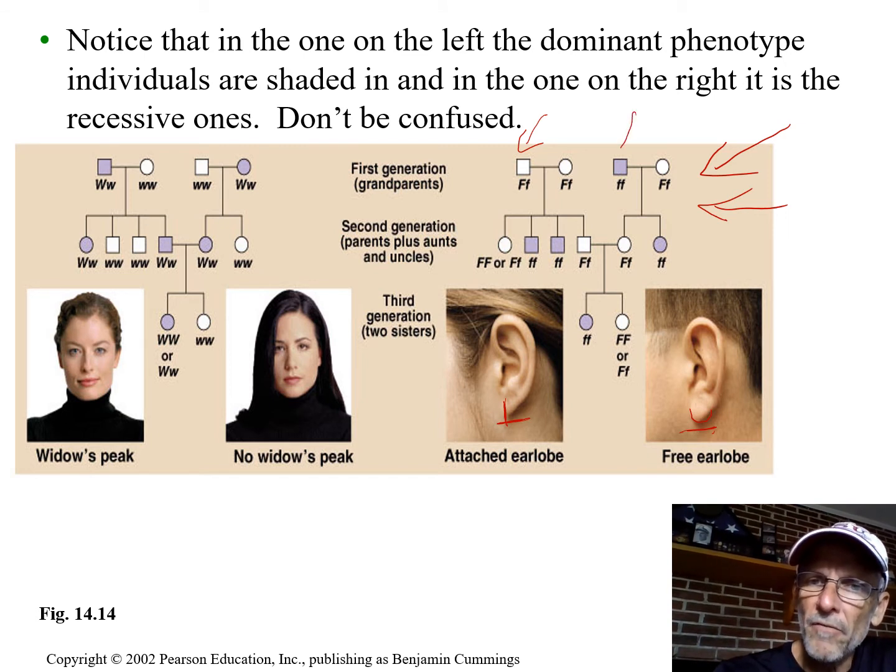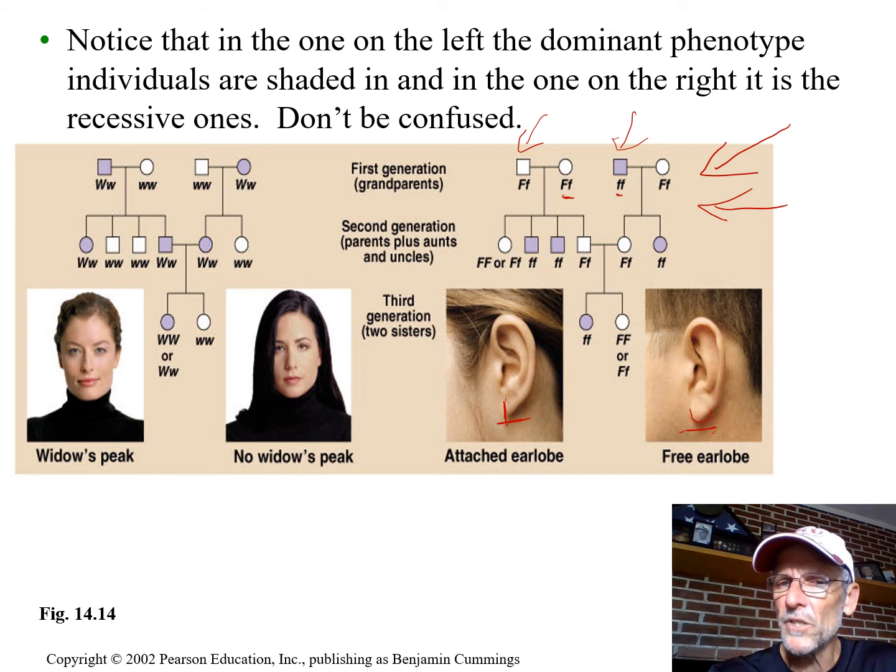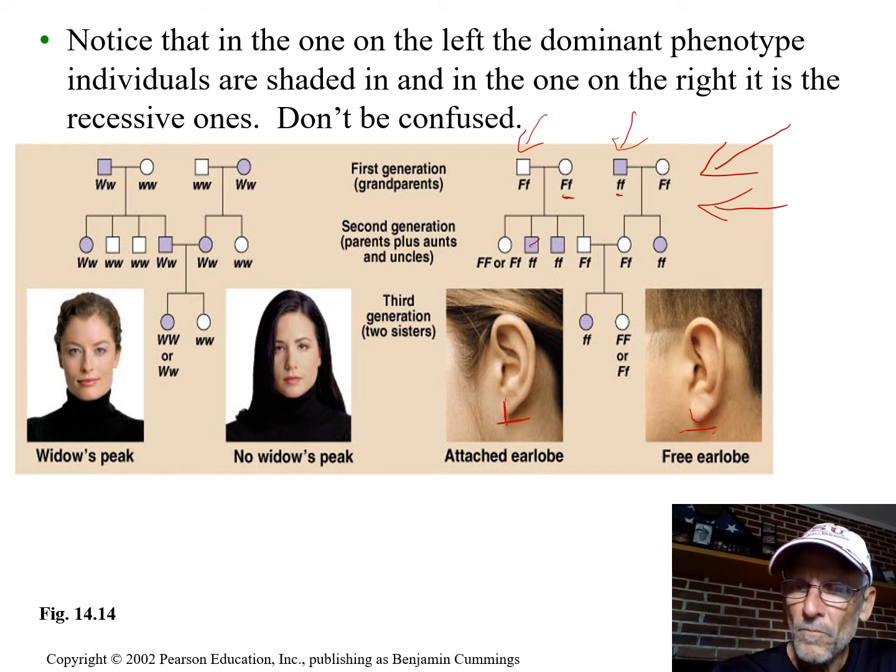Or do you have free earlobes? If you do, we're going to call you filled in. We're going to say you have that phenotype by filled in. So if you pretend that these genotypes aren't here, which make it obvious, if you just had this chart, how would you figure out which trait's the recessive one? The one symbolized by the filled in or the one symbolized by the not filled in?